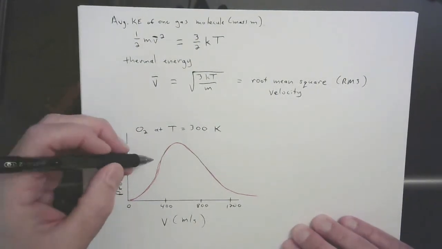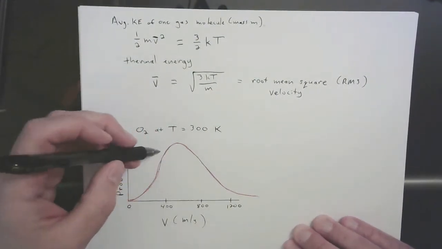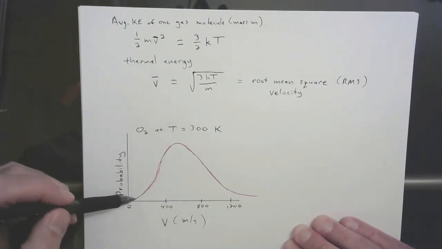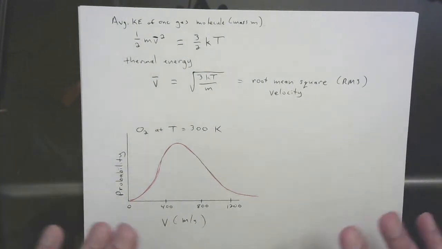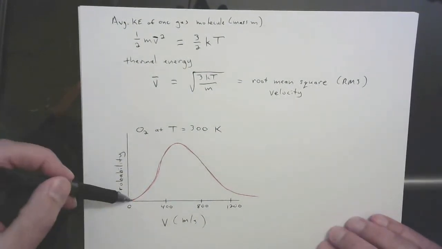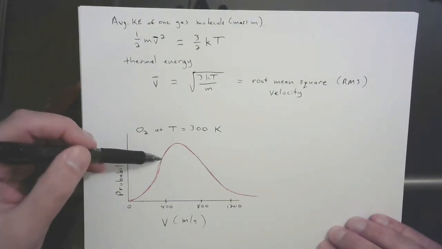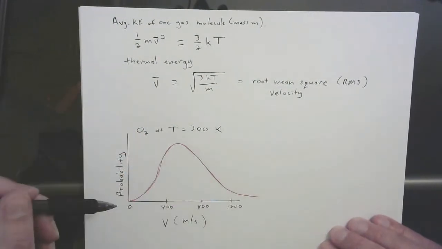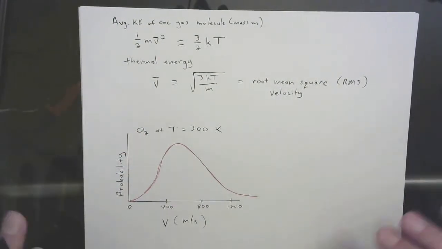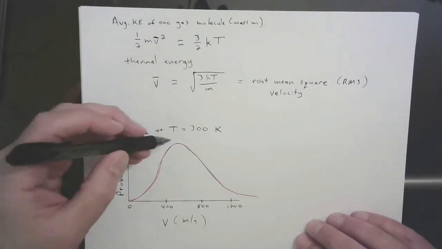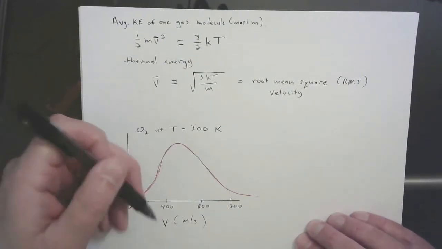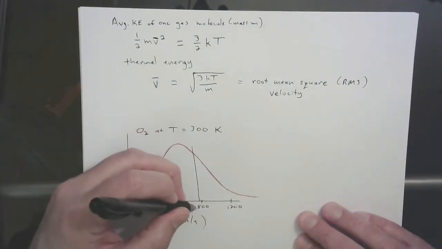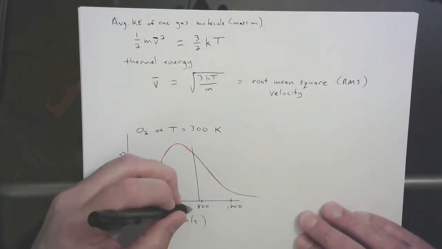Just wanted to make a point that the RMS velocity isn't where you might guess. This is not a symmetric curve. Beyond my bad drawing skills, this is pretty steep on the low velocity side, and then there's a long tail on the high velocity side, so there are different shapes on either side. You might say the average should be right around here, but if we do this computation, the root mean squared velocity ends up, I missed, it's lower than that, but whatever.